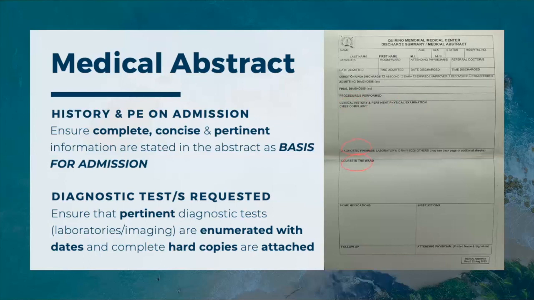Next is the diagnostic findings. So all the pertinent diagnostic results that support the diagnosis should be included in the chart. For example, ultrasound for pregnant patients, cranial CT scan result for stroke patients, chest X-ray for patients with pneumonia, CT scan for patients with mass, X-ray for patients with fracture, RT-PCR for COVID patients, blood CS for patients with sepsis, urine culture for complicated UTI, 12-lead ECG for MI patients, and 2D echo for patients with CHF, and the like.